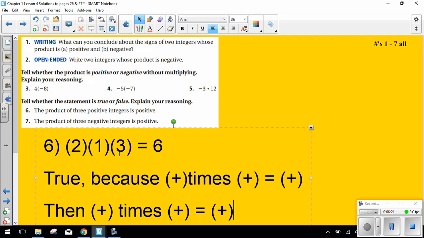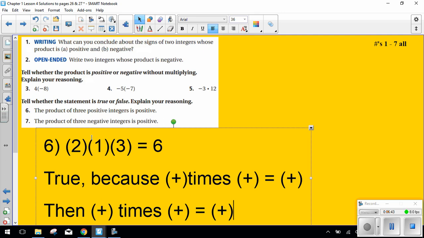I really don't like that because if they were all negatives, I just don't want you getting in the habit of that. Our integer rules only work for 2 integers at a time, which is why here I talked about the 2 times the 1, a positive times a positive.